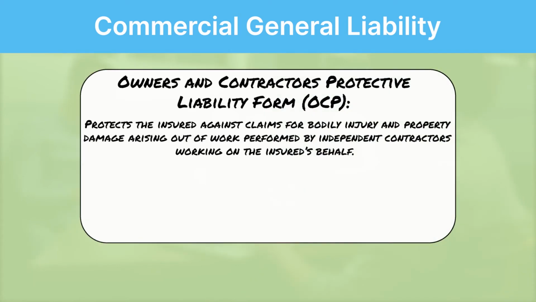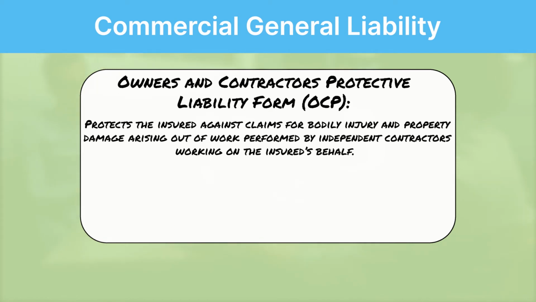The Owners and Contractors Protective Liability Form, also known as OCP, protects the insured against claims for bodily injury and property damage arising out of work performed by independent contractors working on the insured's behalf. There are two general uses of the OCP. The first is an insured owner insuring the operations exposure of a hired general contractor.